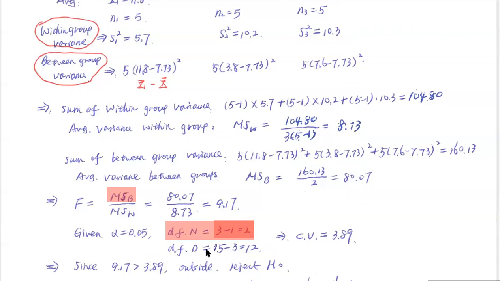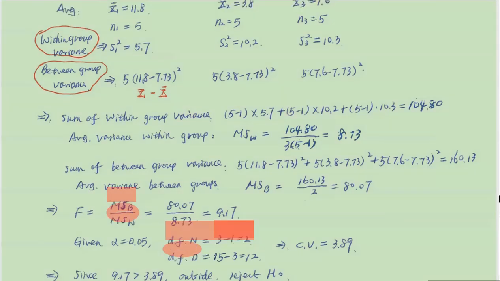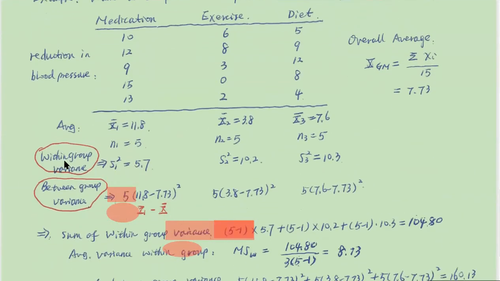Everybody? Now, what's the degree of freedom for this degree of freedom denominator, right? What's the denominator here? It's the within group. So what's the degree of freedom for this within group? Let's go back to the table here. If you remember, this is one group.